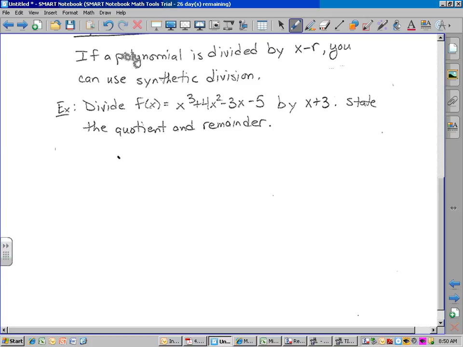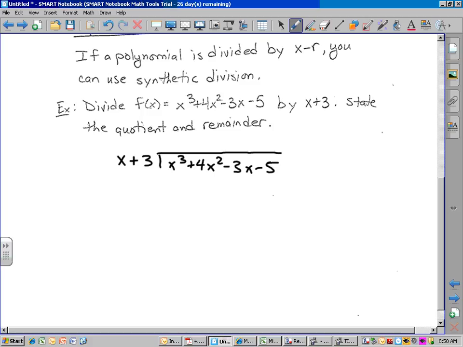So let's set up the same way. Now, don't do long division. I'm just showing you the setup for long division so you understand where the numbers are coming from for synthetic.